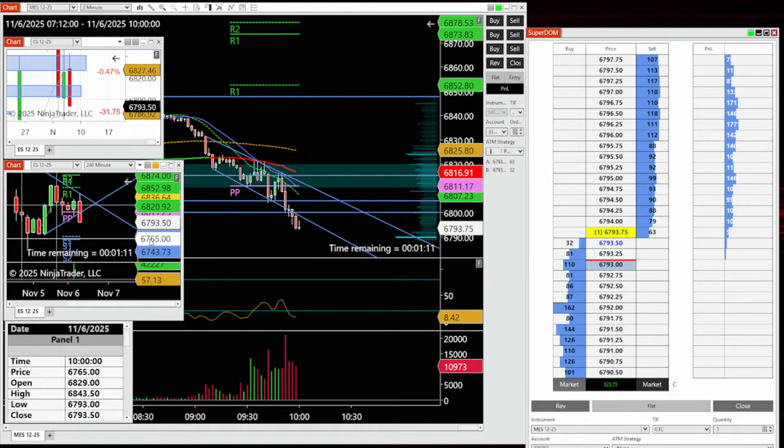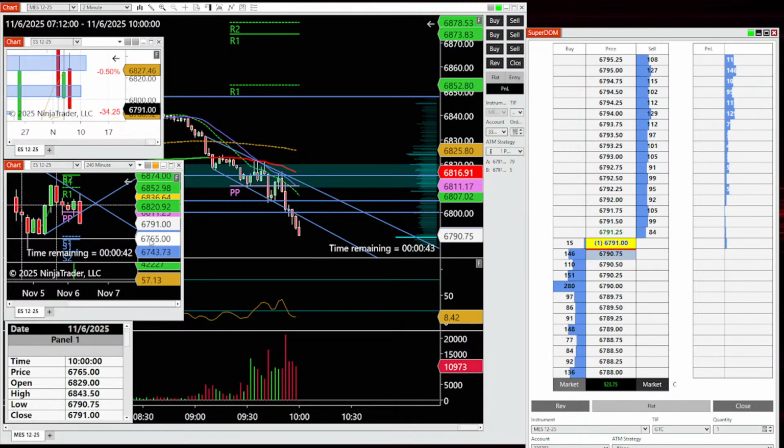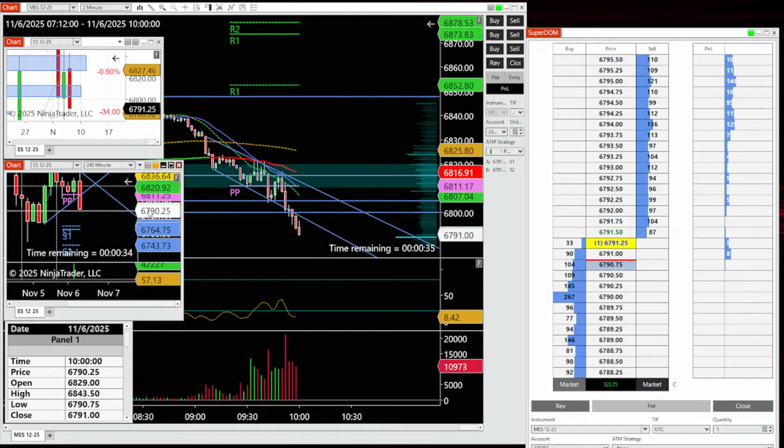We're making a lot of the move before it happens. We got 1 minute, and it looks like we're making a lot of the move before it even happens.